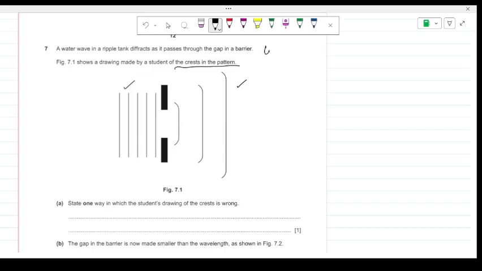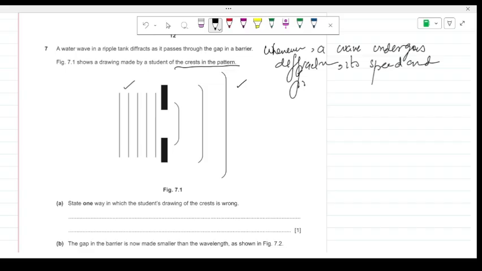Whenever a wave undergoes diffraction, its speed and frequency do not change, so the wavelength does not change either. But we see a larger gap between two crests.